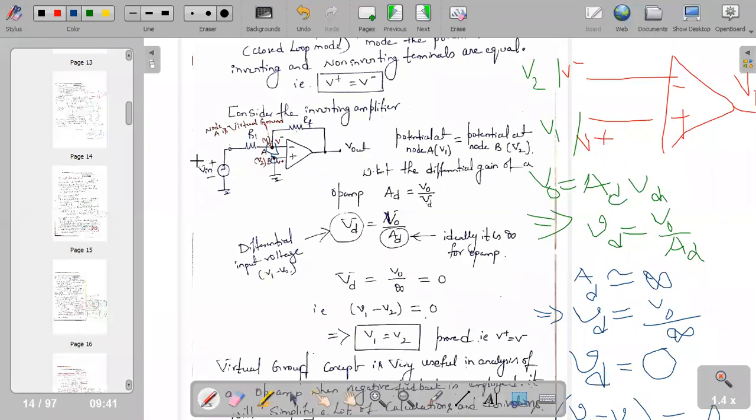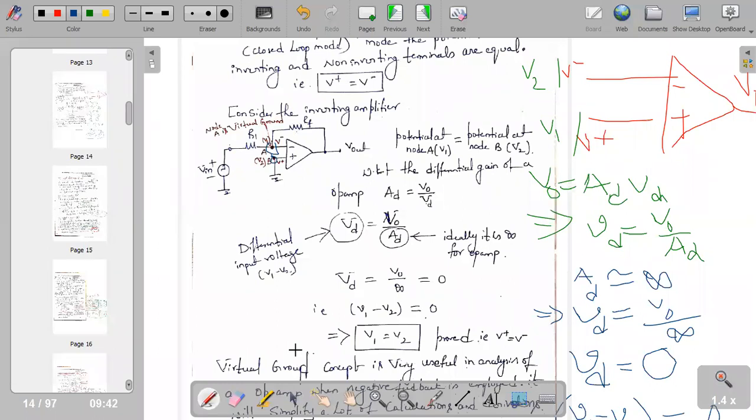This concept is very much used in the closed loop mode analysis of an op-amp, mainly in op-amp amplifier applications. So please remember, from the virtual ground concept, the potentials at the inverting and non-inverting terminals are equal.